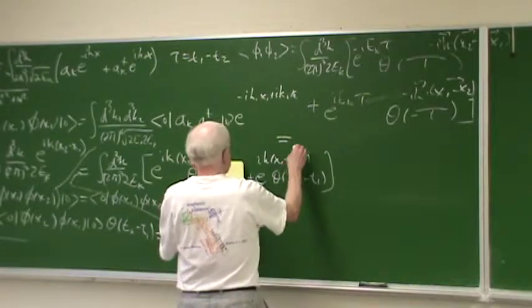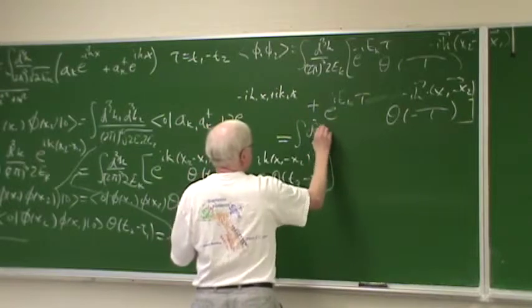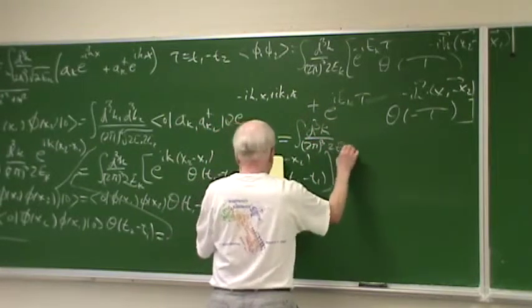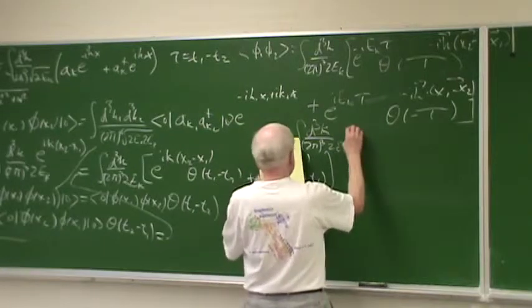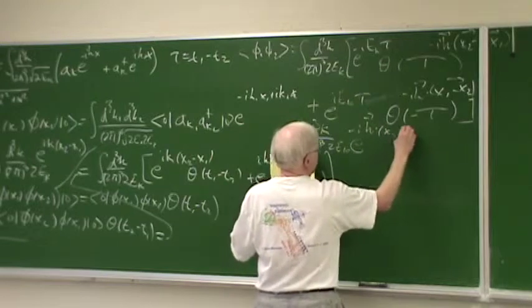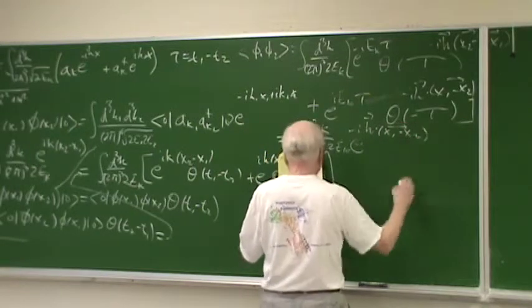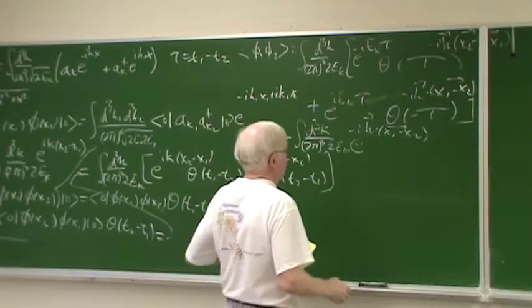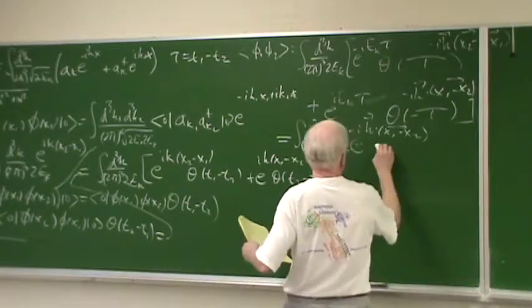It is the integral across d cubed k over (2 pi) cubed 2e_k, and now we've got e to the minus i k dot (x1 minus x2). So this is the space thing, and what's left just involves energy and Heaviside functions.